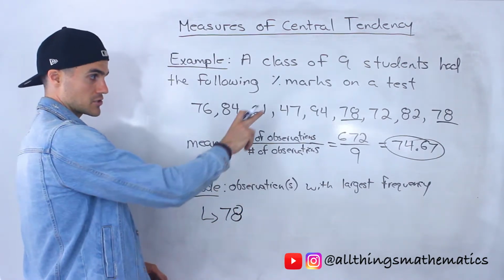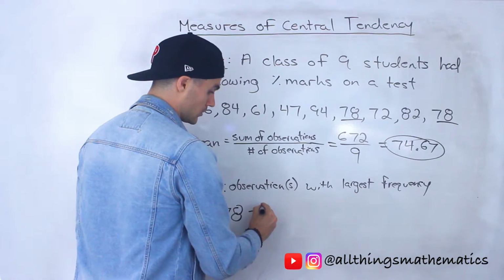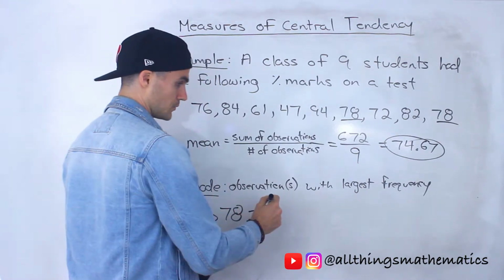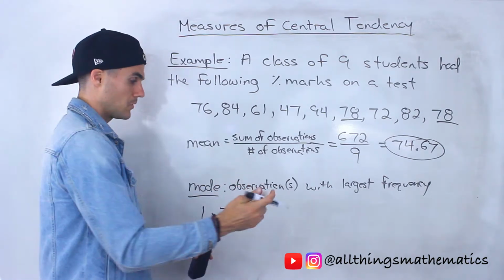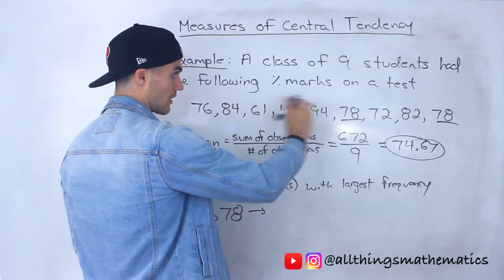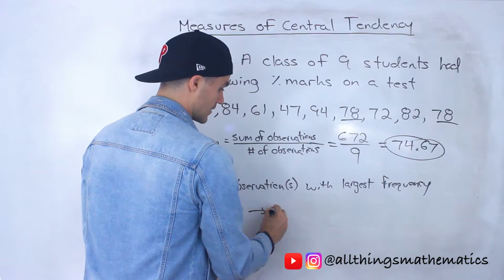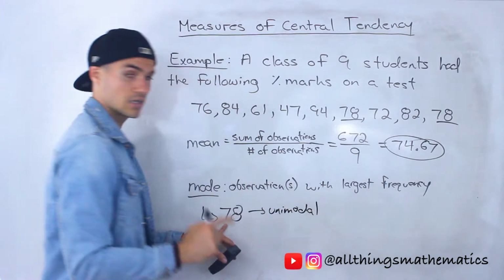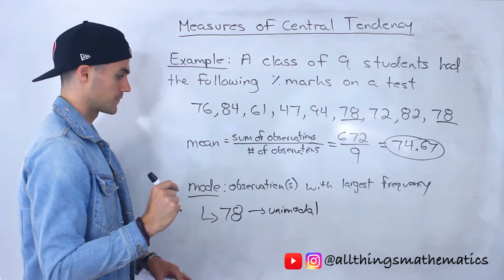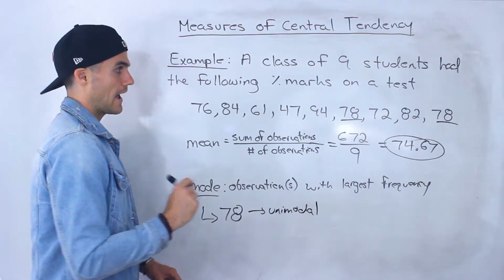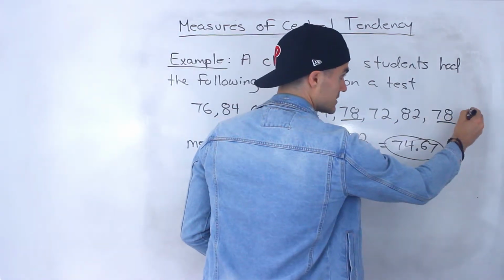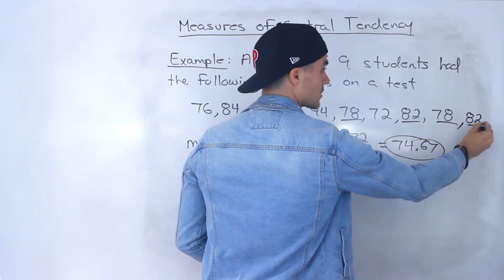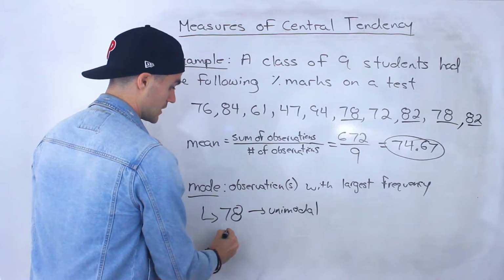And I want to mention this too, because there's only one mode, remember from the previous video, we talked about unimodal versus bimodal. So this set of data is unimodal because there is only one mode. Now, if we had another 10th mark here and it was 82, well, notice there would be 2 modes then. There would be 78 and 82.